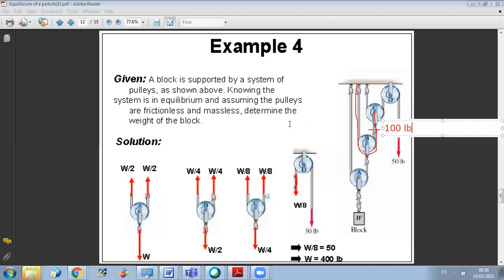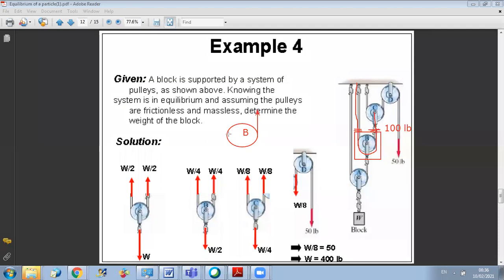So now, since I know the value of the force in this cable, I can isolate pulley B. If I take pulley B as my system, when I isolate B, I will cut in 3 places. I will cut cable 2, which has a tension of 100 lb, and I will cut this cable also at another location. So now if I draw the free body diagram of B, for pulley B, I will have 2 upward forces, and each one will have a value of 100.